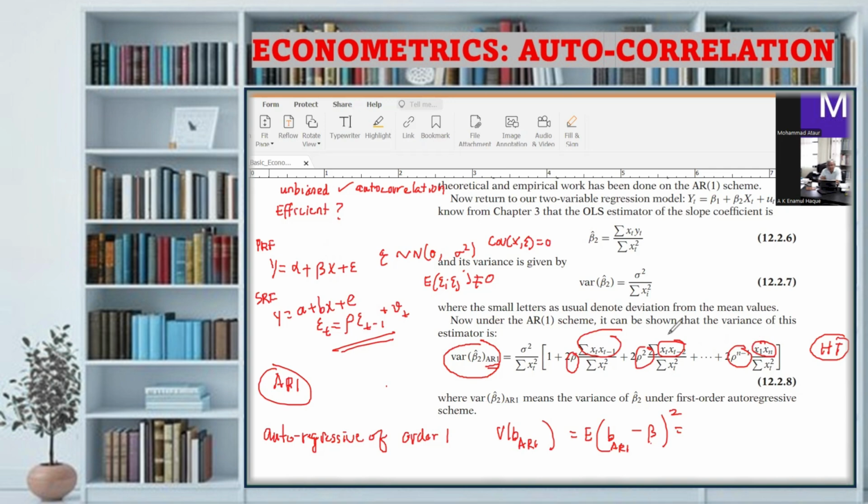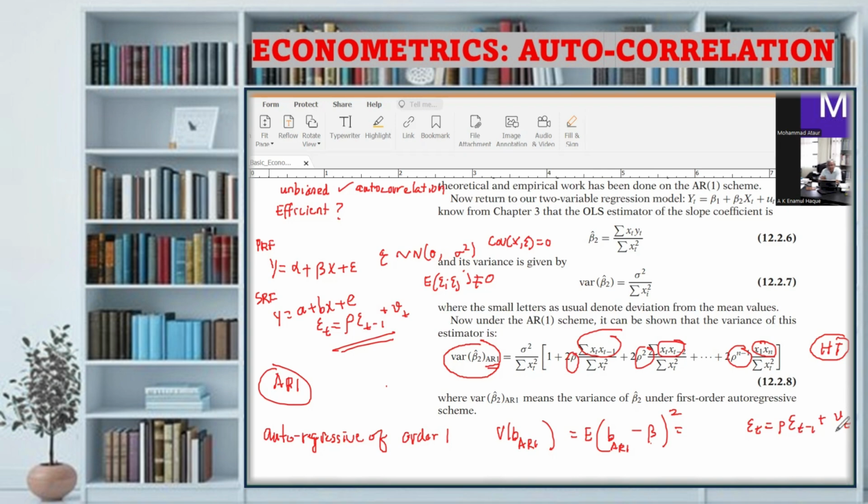So let me prove what it means. We said our model epsilon t is equal to rho epsilon t minus 1 plus nu t, which is another error term, but this error term is not autocorrelated.